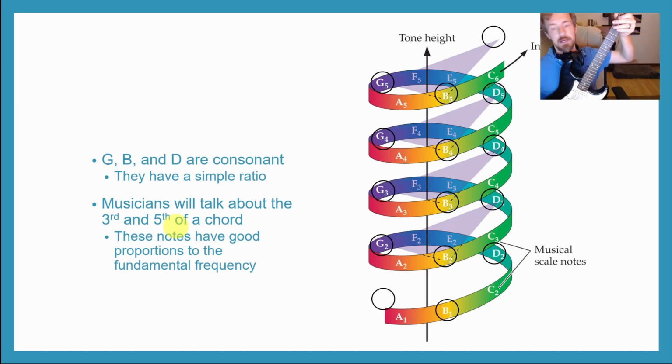Don't want that, but I do want the third one, which is that. And then I'm going to go up to the fifth. The fourth is that, and then the fifth is this, is at D. Those sound nice, right? Those notes sound like they go together.